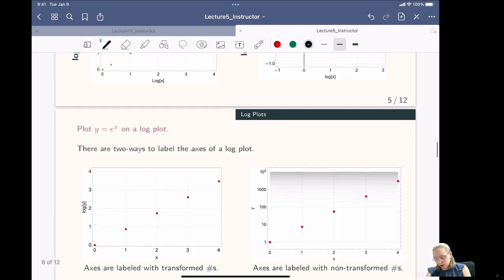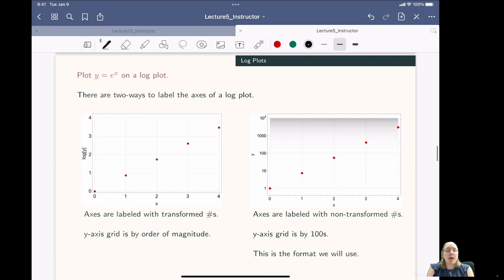All right. So finally, let's talk about how we label the x and y axes. So we either plot them on a log axis or on a linear axis, but oftentimes it's convenient to actually label the ticks and label the y-axis not as a log, but in the linear scale.